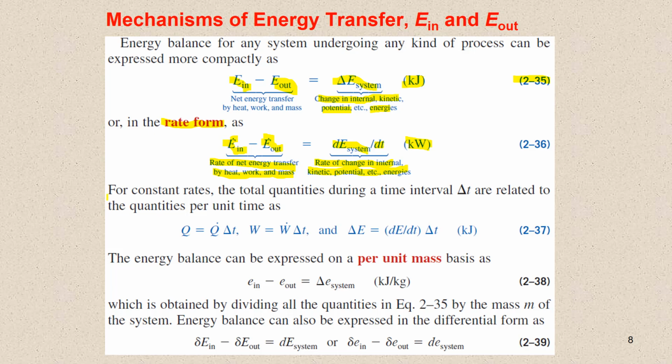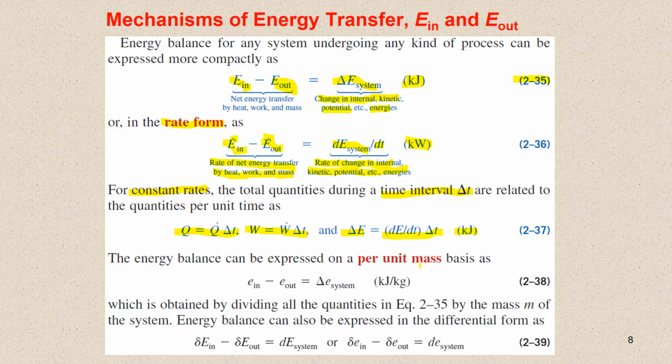When you're dealing with constant rates, the total quantities during a time interval delta t are related to the quantities per unit time. As you can see, Q equals Q dot times delta t, the time interval, W equals W dot, the rate, times delta t, and delta E equals dE over dt times delta t, in kilojoules.